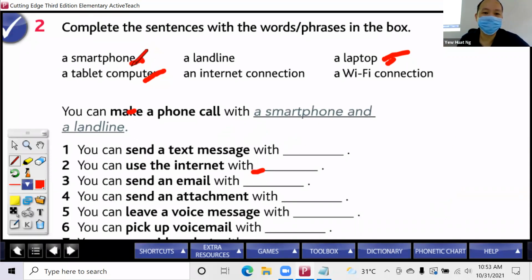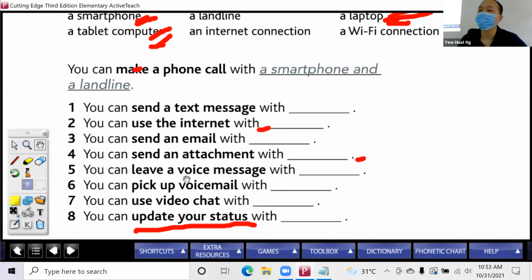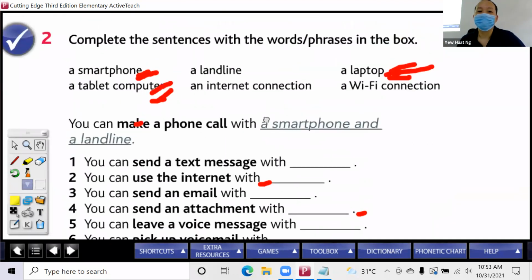Send email with the 3, right? Everything. Attachment with everything. Voice message with everything. Voicemail. Yeah. Okay. All right. So everything. Can I say everything? Yeah. The 3, right? A long time ago, we could only make a phone call with a smartphone, not laptop, not tablet.